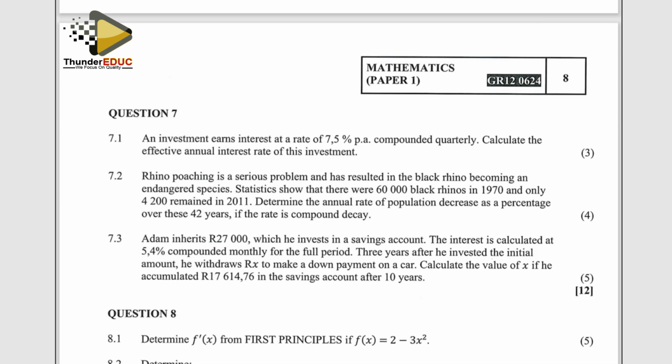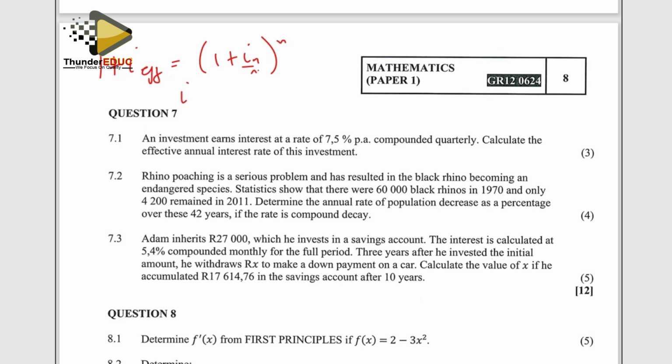Question number 7, finance. Okay, 7, they're telling us that an investment earns 7.5% compounded quarterly. Calculate the effective annual interest rate. All right, so with this, we just need to remember our formula. 1 plus I effective is equal to 1 plus I nominal over n, to the exponent of n.